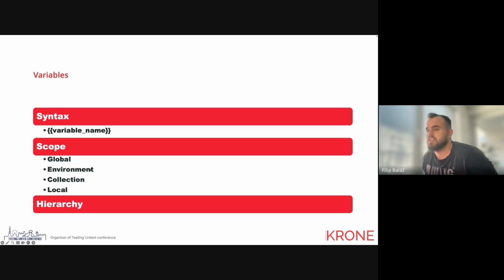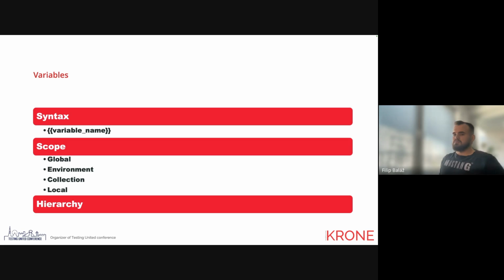And this hierarchy means that if I use the endpoint variable, which is in both collection and environment, the variable from the collection will be used. It's because of how Postman works and how it's designed, and the specific request is closer to the collection than to the whole environment.